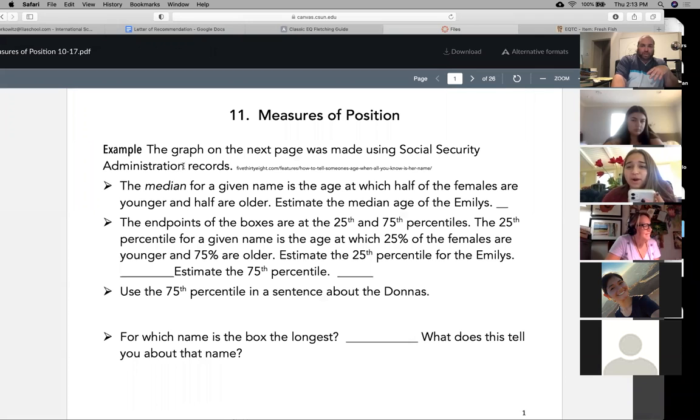So the median, this is an important term, the median for a given name is the age at which half of the females are younger and half are older.